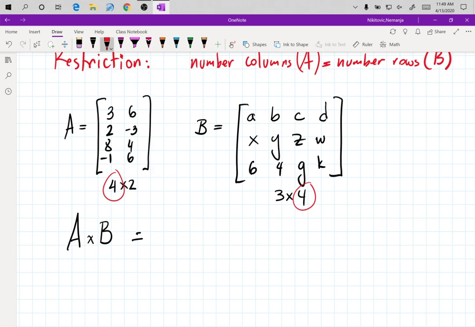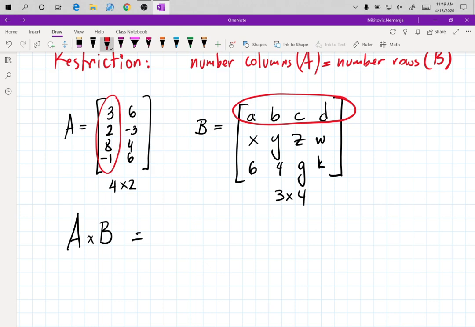So what do we do? We are going to take this one over here and multiply by these and add them all up. So we have 3A.